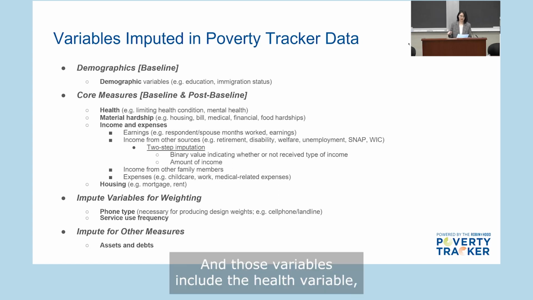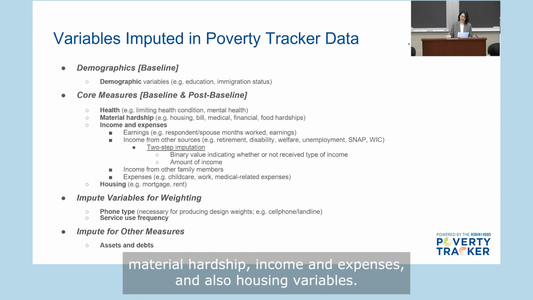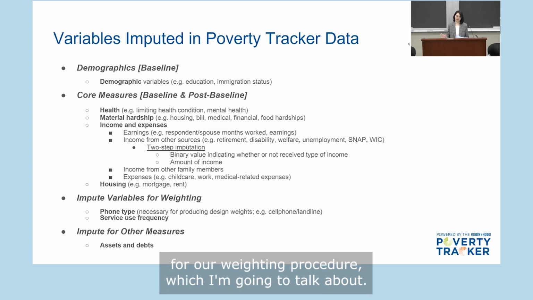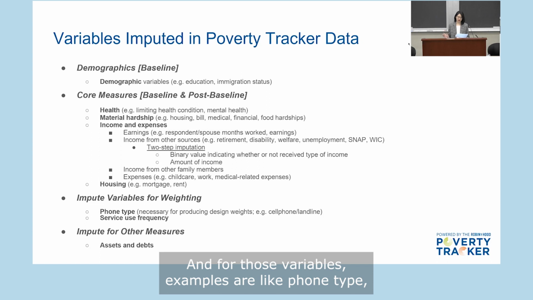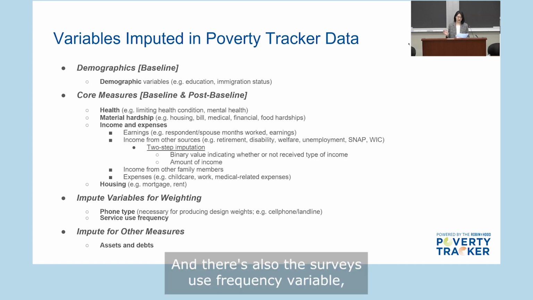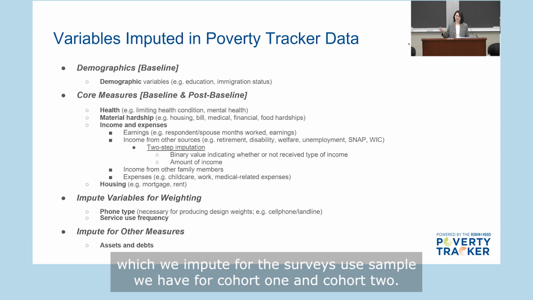Those include the health variables, material hardship, income and expenses, and housing variables. Besides that, we impute some variables because they are very important for our weighting procedure, which I'm going to talk about in a minute. Examples are phone type, whether someone is a cell phone user or landline user, and the survey use frequency variable, which we impute for the survey use sample we have for cohort 1 and cohort 2.